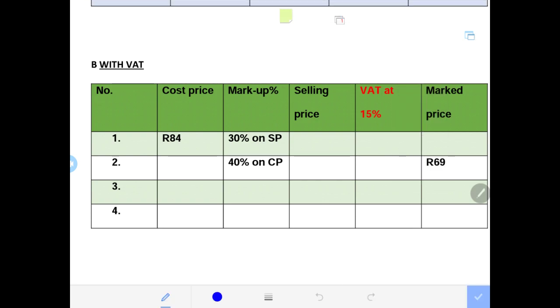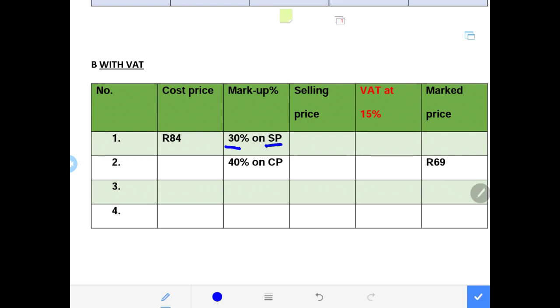Cost price, markup percentage, selling price, VAT at 15% currently, and markup percentage, marked price. In the first scenario we are given the amount of the cost price, and we are given 30% markup percentage on selling price.